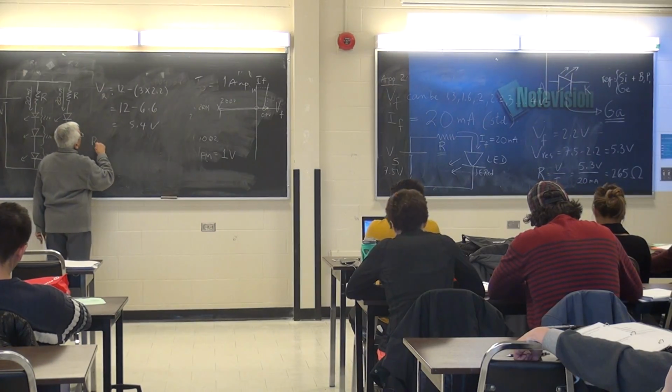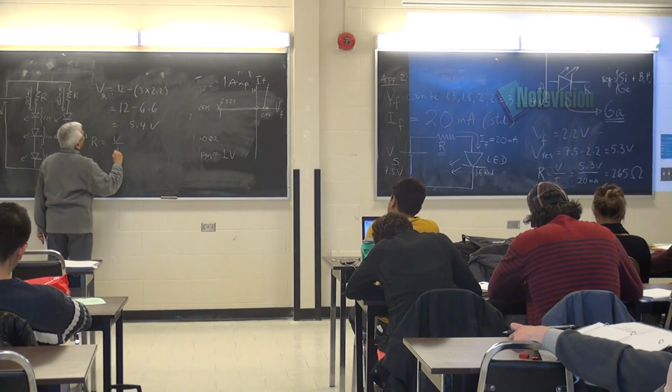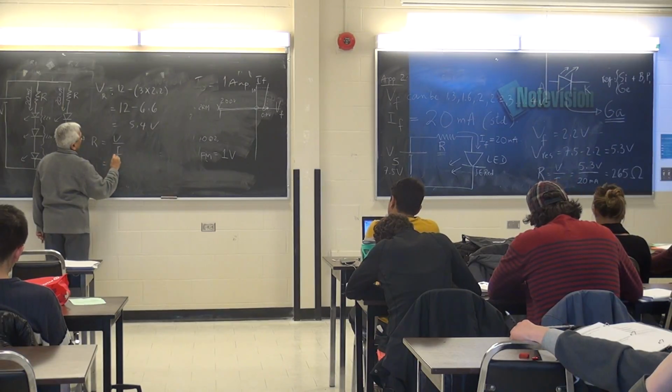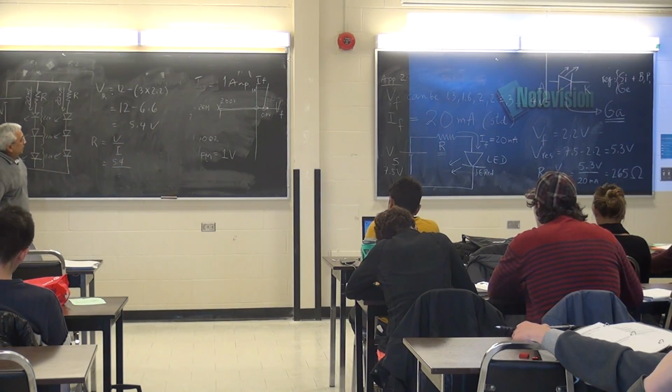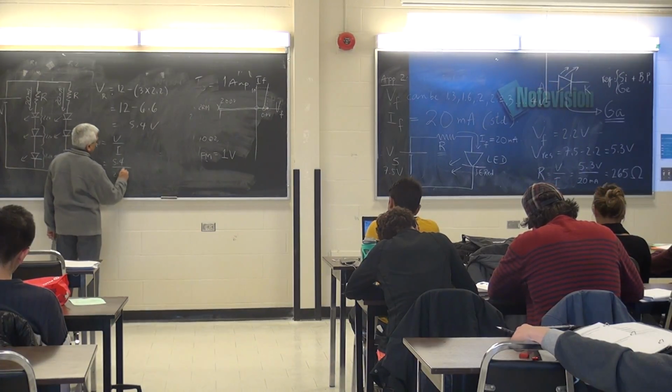So therefore, R is equal to V over I, 5.4 over how much? 20 milliamps.